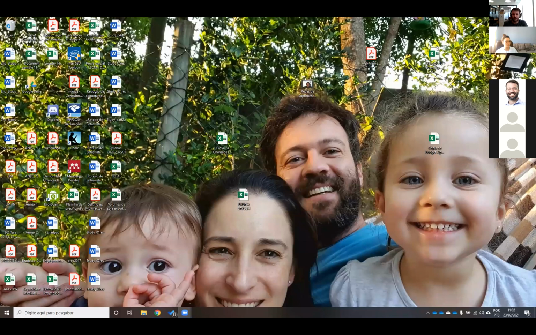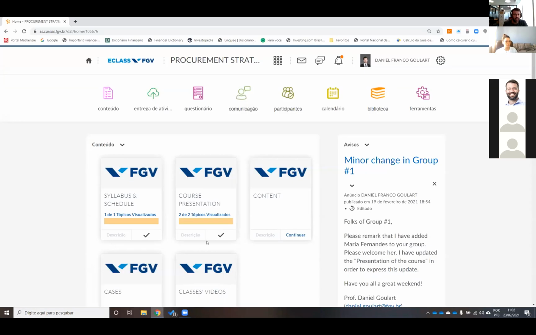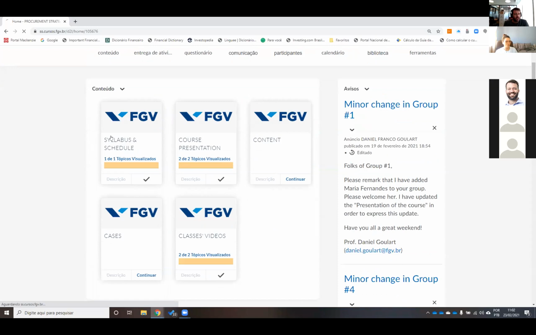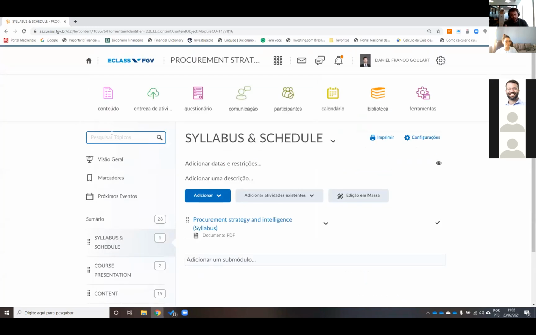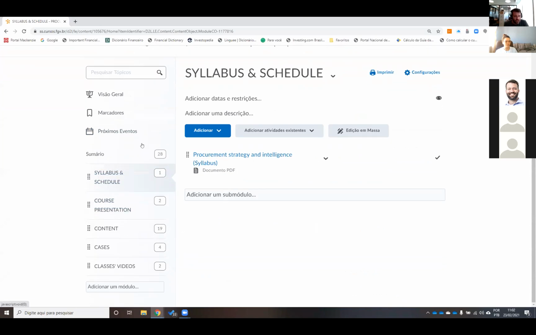Let me display my screen for you. Probably you are seeing my e-class now. By doing this, I make you more familiar with the divisions and the content of our e-class.